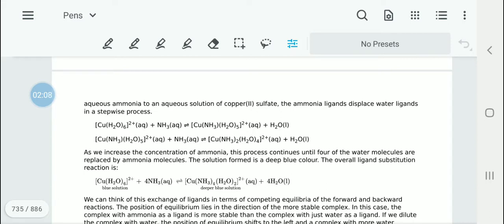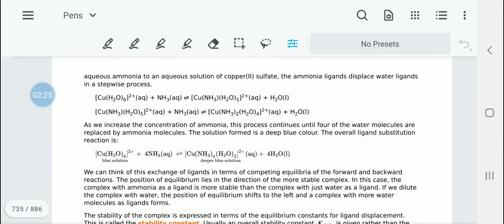As a result, you will get a deep blue solution which has Cu(NH3)4(H2O)2 2+. That is going to be the deep blue solution, and that is the overall ligand substitution reaction.